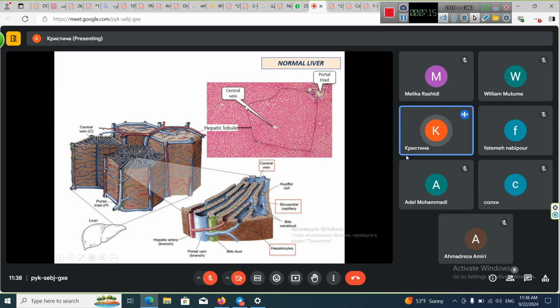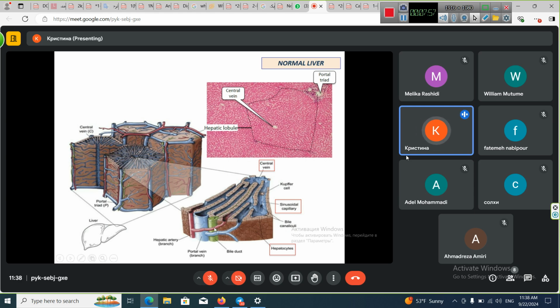This dotted line shows the border of the one hepatic lobule. It is not so correctly hexagonal as it is in this diagram, but the general idea is the same. In the center, we have the vein, and at the borders of every hepatic lobule, between the adjacent lobules, we have three vessels, which is shown here: a vein, an artery, and a bile duct.